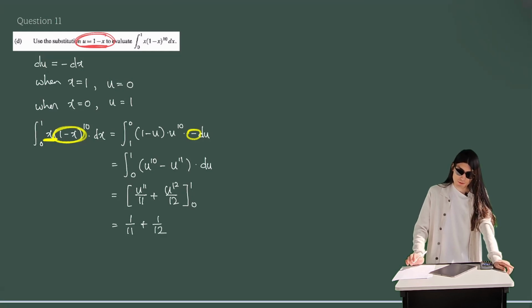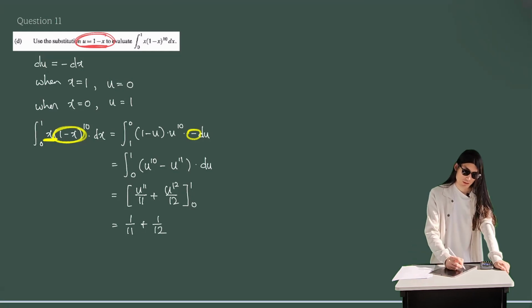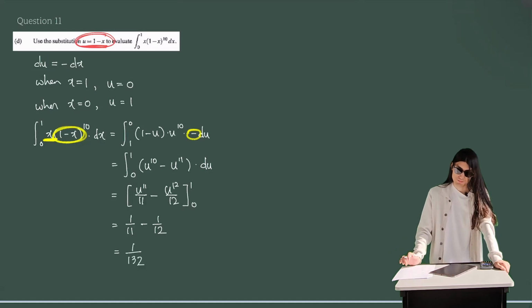Under, you get 0 for both of them, so you don't have to write that. And sorry, it was a negative in the middle over here, wasn't it? So 1 on 11 minus 1 on 12 gives 1 over 132.